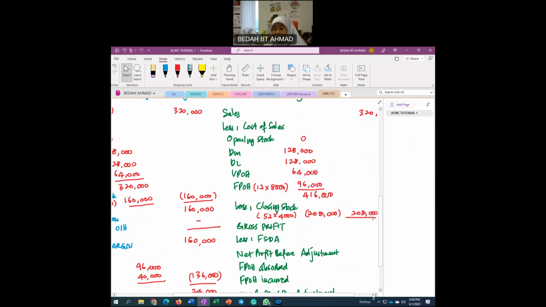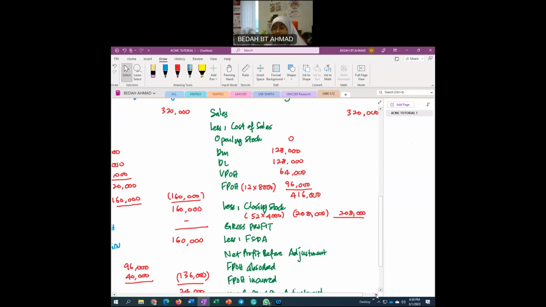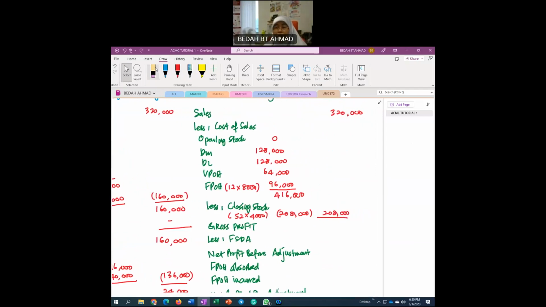Then we put it in the column consistent with the sales figure. Less that, you get the gross profit of 112,000.